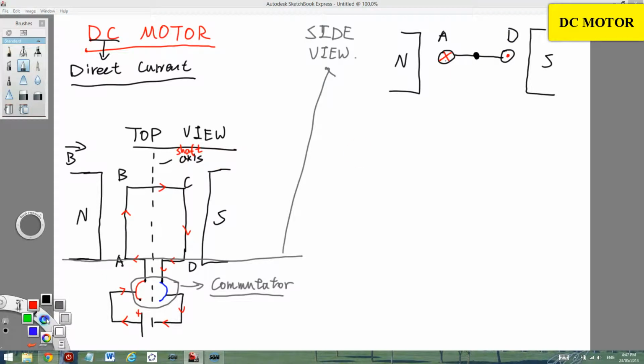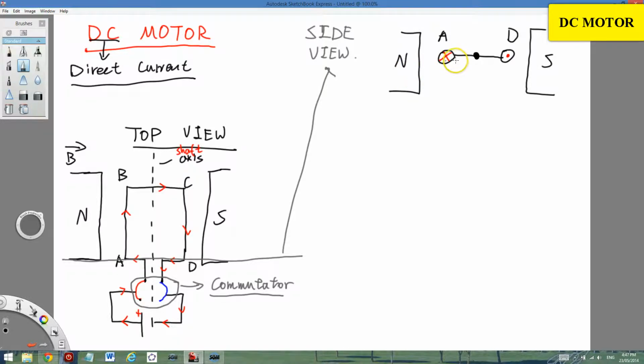Now we have a magnetic field and a current, so you can use your right hand rule to find the direction of force acting. Pause the video if you need to. Find the direction of force first. When I use my right hand rule, I have my thumb into the page and my fingers pointing to the right, so my palm is facing down.